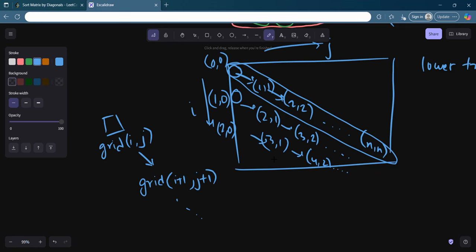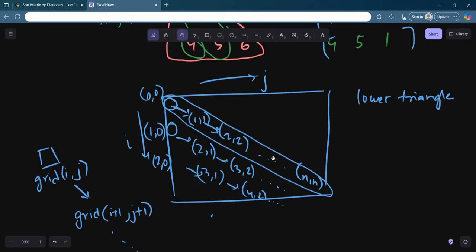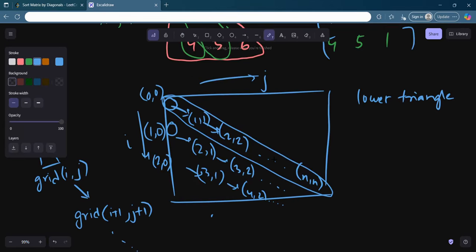So in a general case, you are in the lower triangle. For the lower triangle, in the general case, you are starting from i comma 0, right? So you are starting from i comma 0, and you are traversing i plus j comma j. Okay, so you are adding the same thing first.